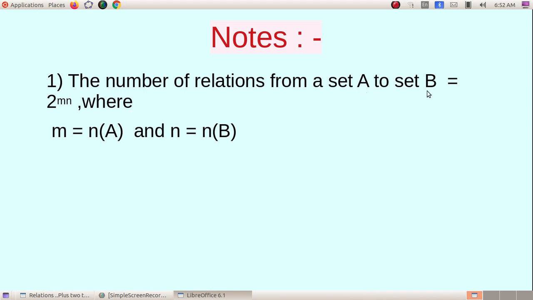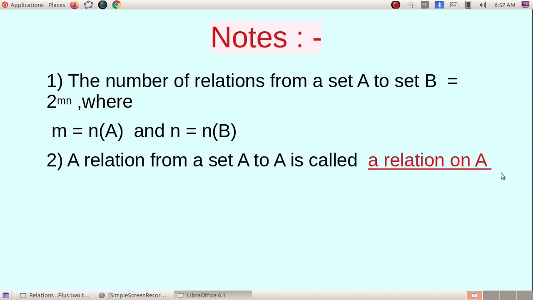Is it compulsory to have A and B? No, we can define a relation from A to A itself. What do we say for a relation from A to A? A relation from A to A is called a relation on A.